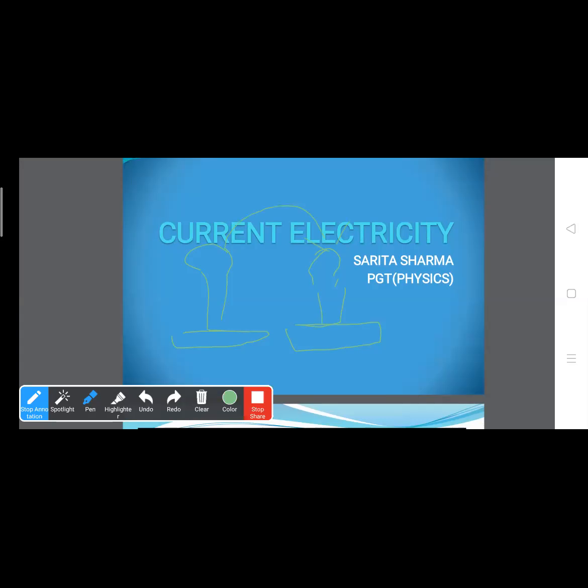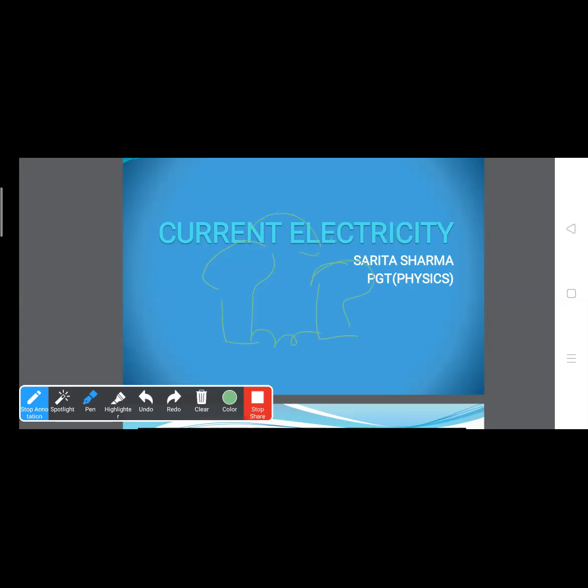This is because the charges on the conductors are separated by air, and air is an insulator. But if these charged conductors are connected by a metallic wire, like this, it is found that there is a net flow of charge from one conductor to another.